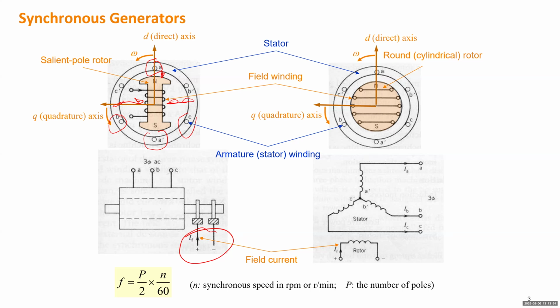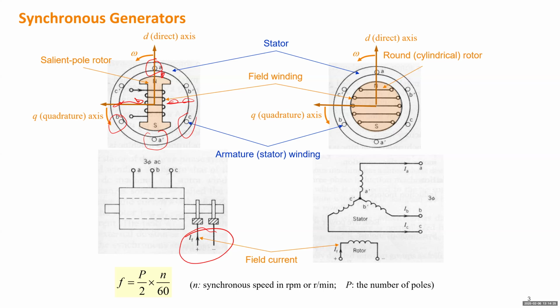So we use the d-axis for the real axis, so that we can use a complex number to indicate any phasor quantities involving both d and q. If you have a phasor, the projection to the real axis will be considered in the d-axis and the imaginary part will be in the q-axis. So it's very natural to assume the imaginary axis to be 90 degrees leading the real. If you take the old convention, you have to add a negative sign.